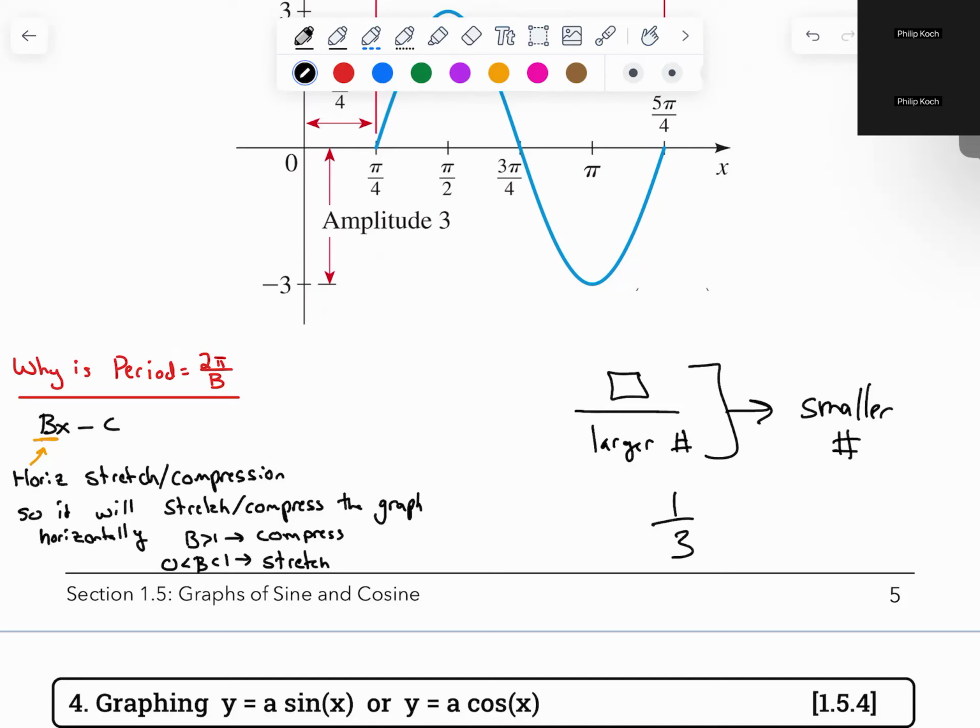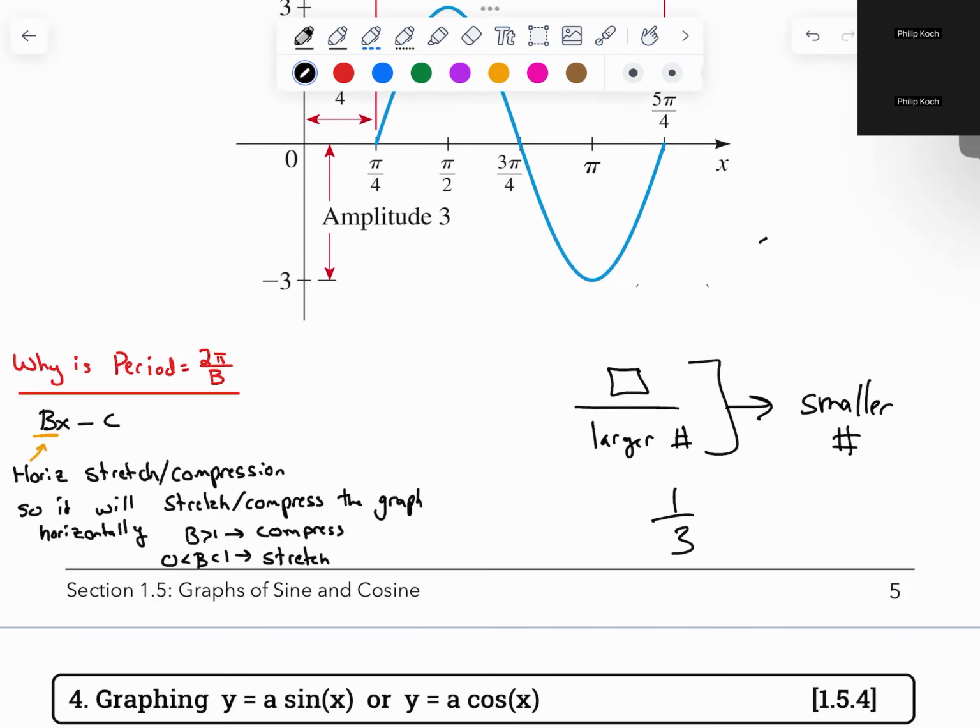So the point being, the larger the denominator, the bigger the b value, the smaller the period, because it's going to get shrunk and smushed together. Whereas if you go with a number between 0 and 1, think about if I have 2 divided by 1/2, that's going to become 4. So if I divide by 1/2, I'm going to stretch it double.